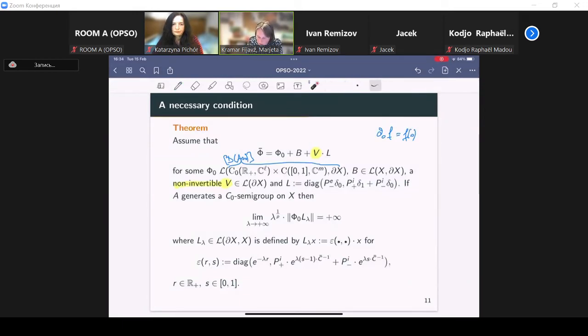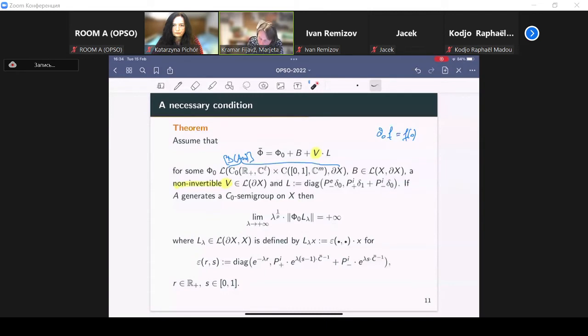And of course, whenever it matters whether I have negative or positive speed, I need to evaluate at 0 or at 1. This is for the compact part. And for the non-compact part, I only evaluate at 0, of course, and only when I have the appropriate direction of the flow.